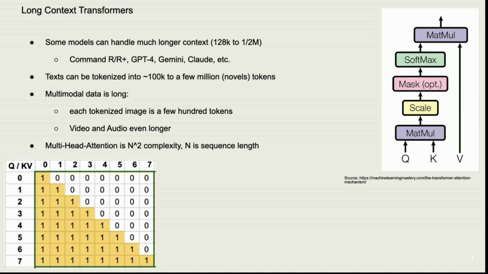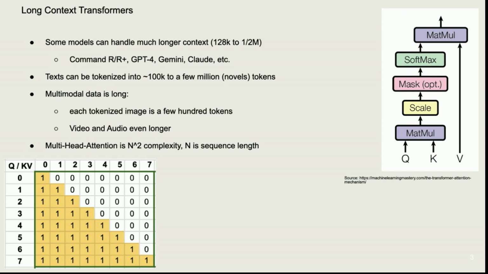To give an overview of the long context transformer models, most transformer models, open source or closed source, can support context lengths from 128K tokens to about 1 or 2 million tokens.